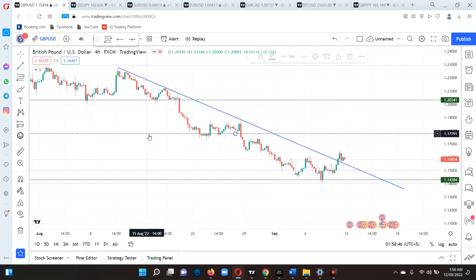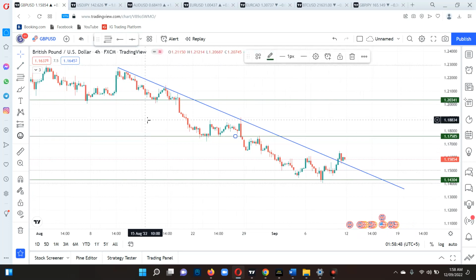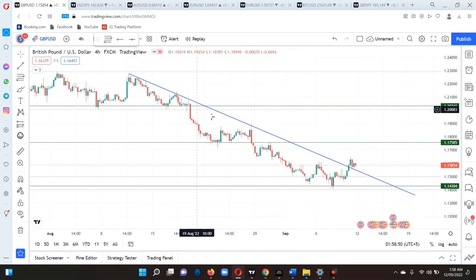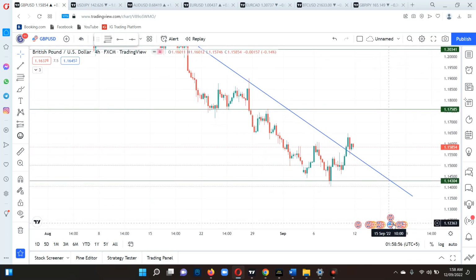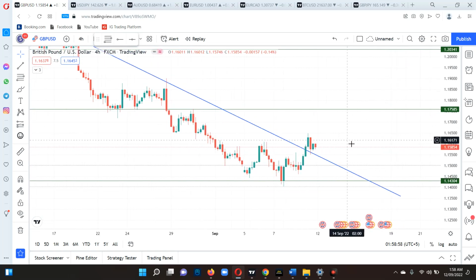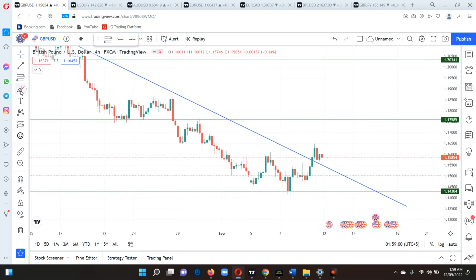The market was running in between that trend line, and right now it seems the market has broken that trend line towards the upside. So there's a possibility that the market will give us bullish momentum from here and can go till the next targets.